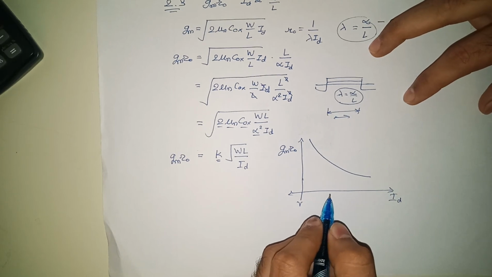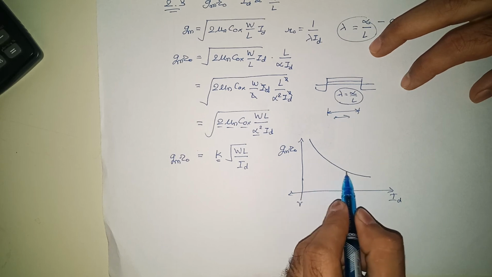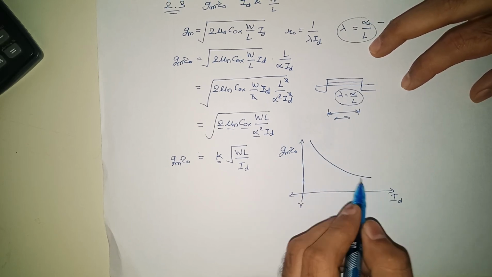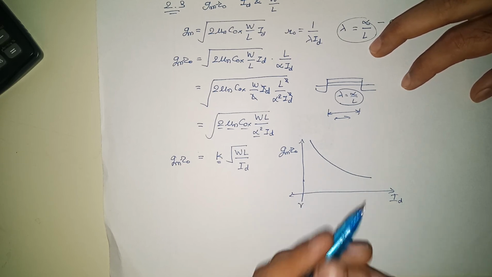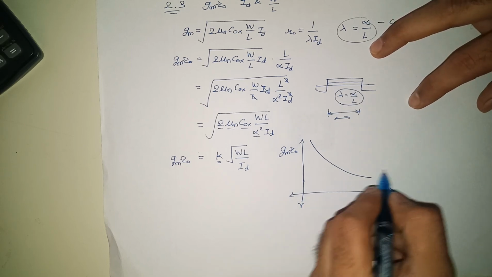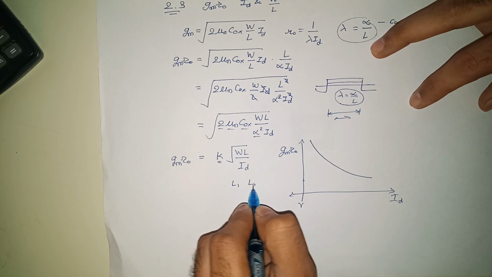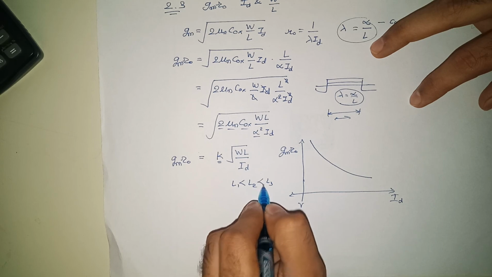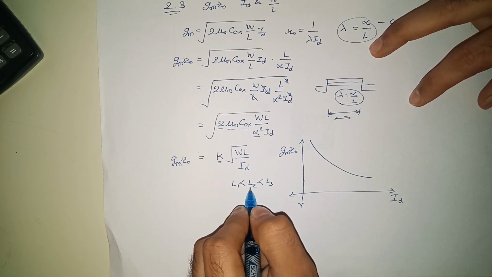Now they also ask to plot gm·ro versus ID with L as a parameter. So we need to change the length, let's say L1, L2, L3, where L2 is higher than L1 and L3 is higher than L2.